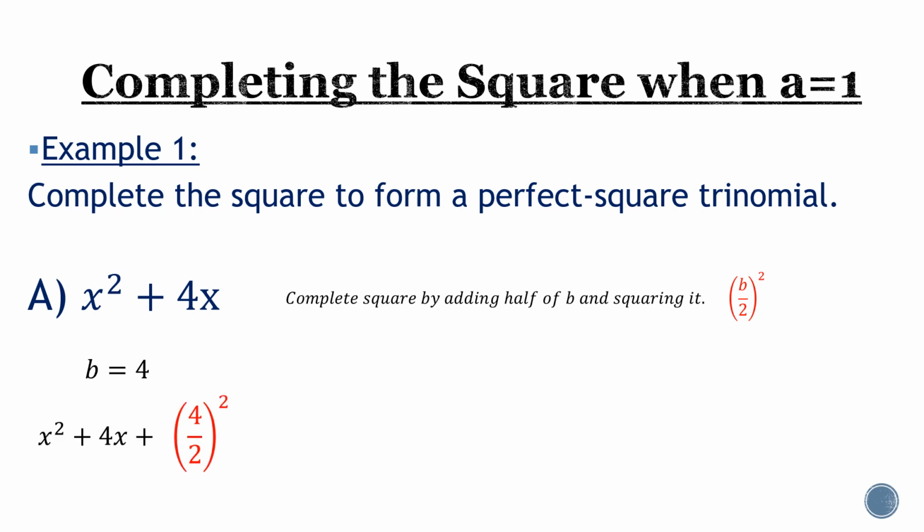So we'll substitute 4 for b, which would give us 4 divided by 2 squared. 4 divided by 2 is 2, and then we square it, and 2 squared is 4. So all we did was take our b value, divide it by 2, and square it. That allows us to complete the square and create a perfect square trinomial of x squared plus 4x plus 4.